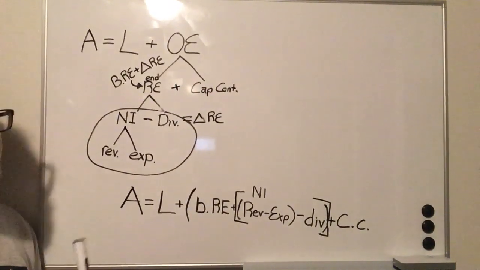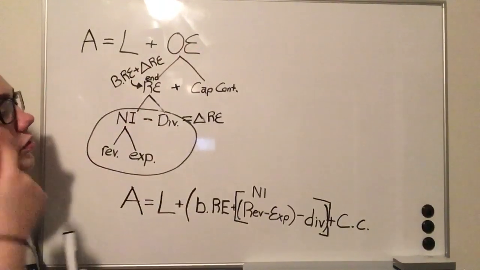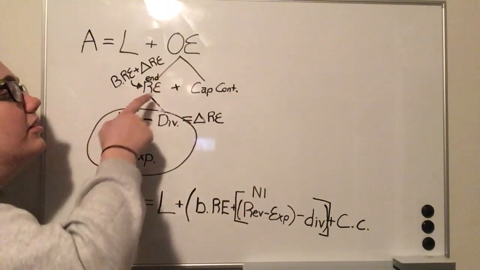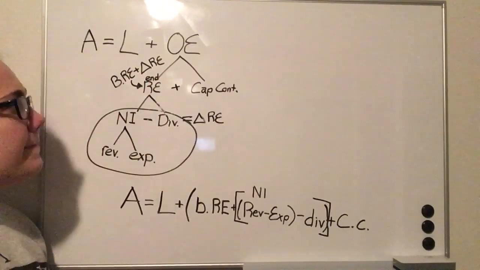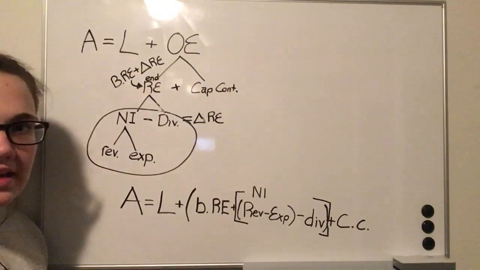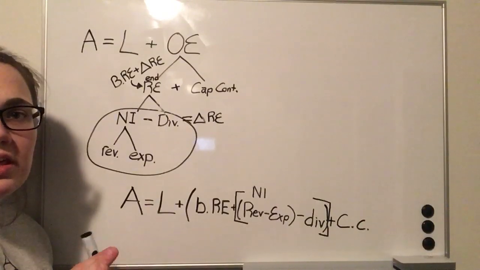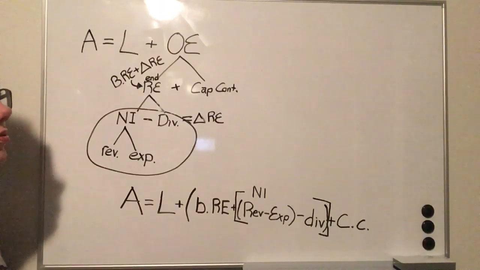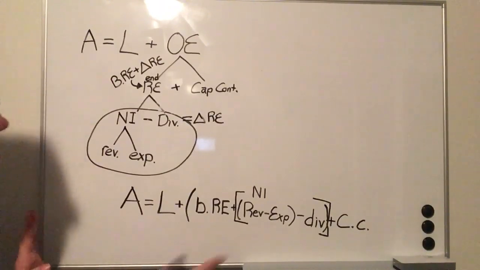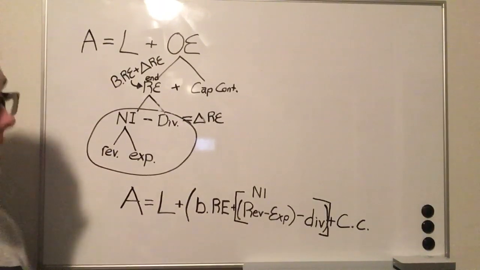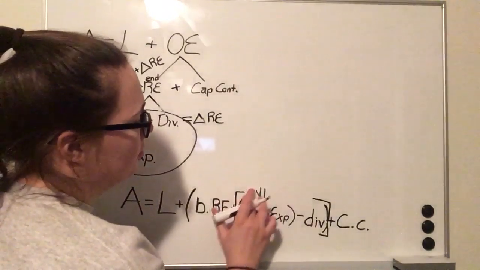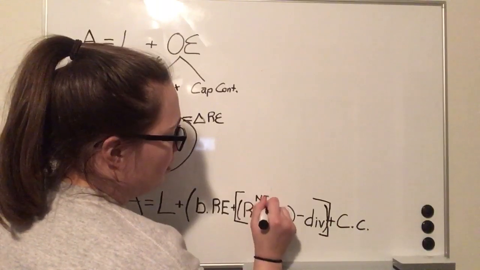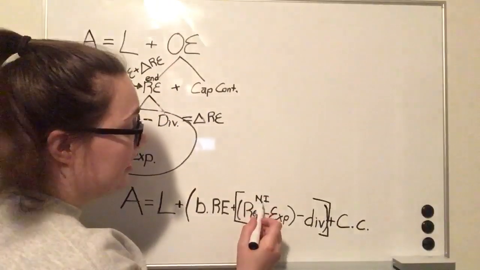And so this branching out gives you a really good idea of what comes from what, but it doesn't give you a good idea of what the various REs are coming from or where they go, which is why sometimes I prefer this. Just to rewrite this a little closer: revenue minus expenses is your net income.